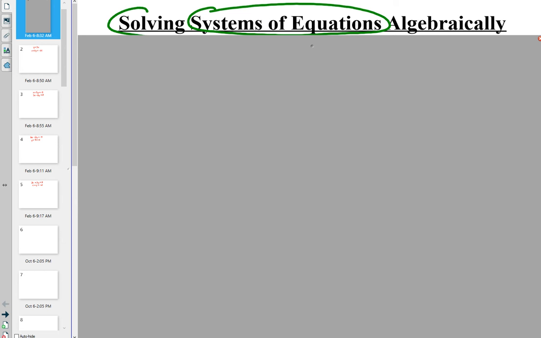And we look to solve a system of equations. And when we solve a system of equations, because we began solving them graphically, you could describe to me what that solution looks like. What are we looking for? Well, those are going to be the different methods. We haven't even got into the other two.